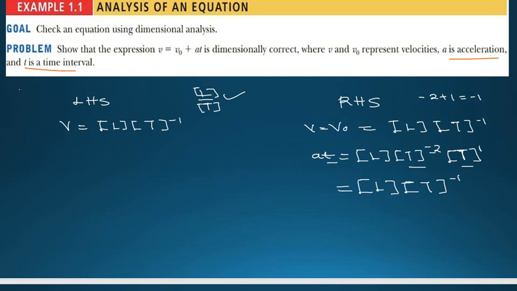So now I want you to look at this. The equation is v is equal to v initial plus acceleration times time. Now look at this. This is just the same as this. Also the same as this, and I was saying that this can also be written as this. So v is L over T there.